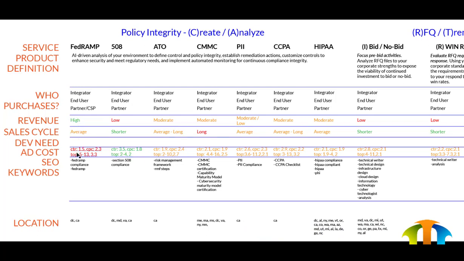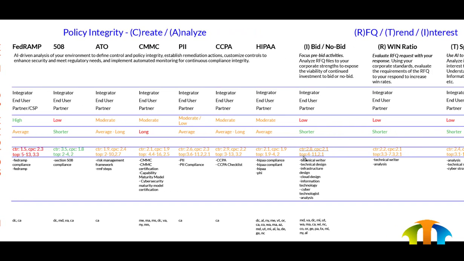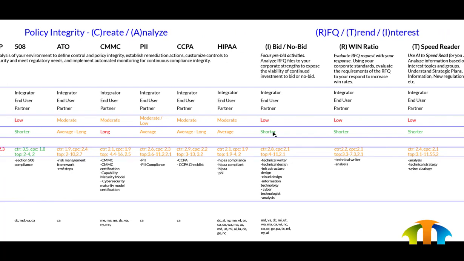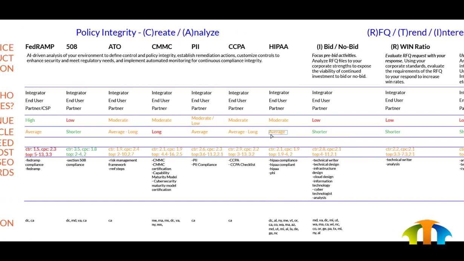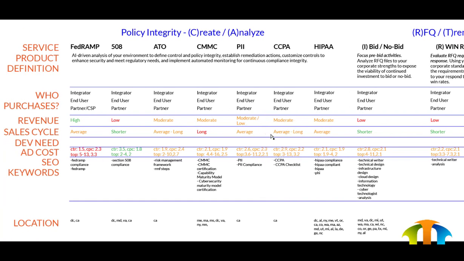I want to avoid a green, an orange, and a red. There are other variables that go into the decision making, but this gives me a clear understanding of what I should do with my time, how I should spend it, and where I'm going to make the most money as a result of spending that time.